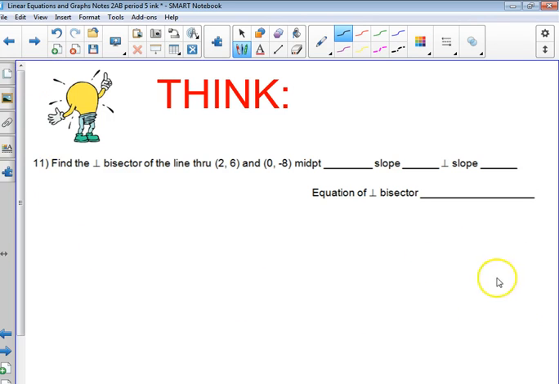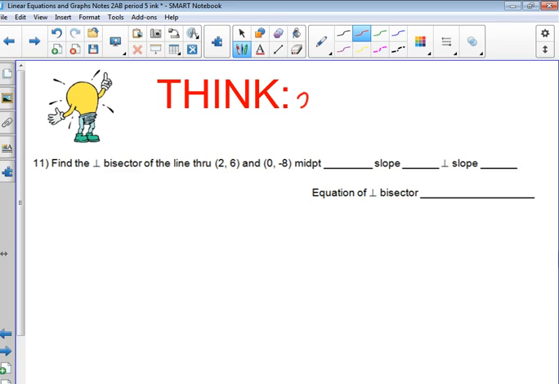Perpendicular bisector. Ideas here? What is a perpendicular bisector? Okay, which means it goes through the midpoint. So we need the midpoint. How do you find midpoint? Not quite. It's average, so you don't subtract, you do what?